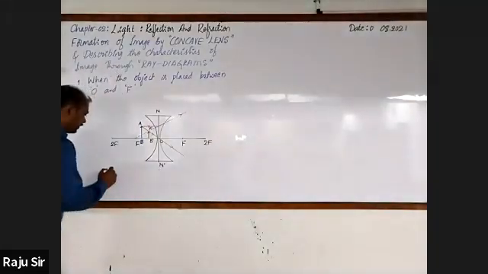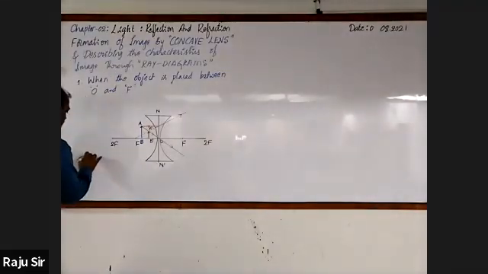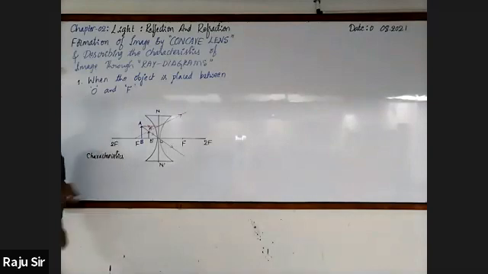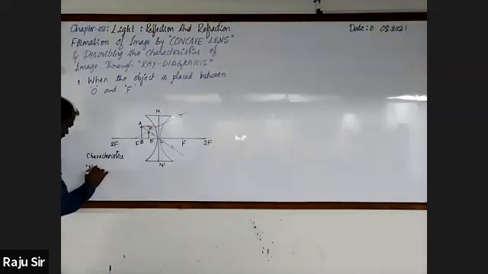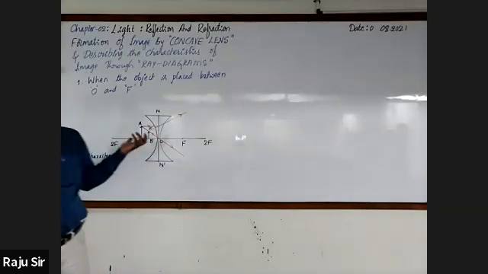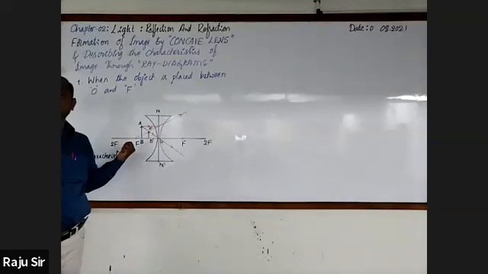Now, let us go for describing the characteristics. Please go on writing with me. Characteristics. First, nature. What is the nature of the image? Is it possible to catch the image on the screen? No, sir.